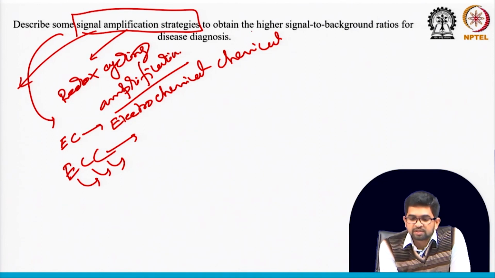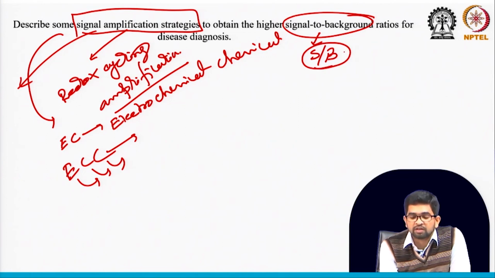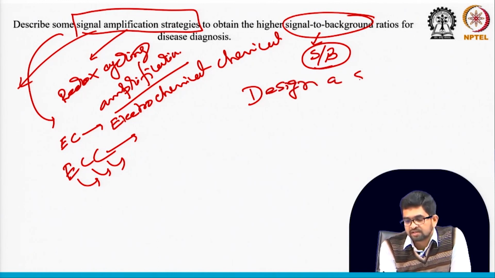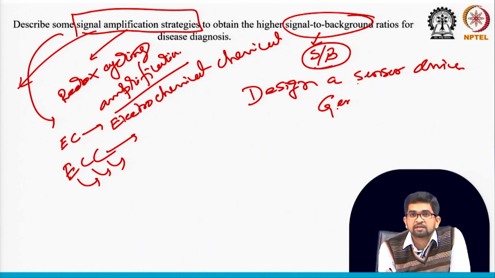Now here they mention to obtain a higher signal to background ratio. The signal to background ratio I already told you in the last tutorials also. All the strategies you have to keep in mind while you design. So the main goal of giving this problem is to design a sensor device, but that is very generic, not very specific.